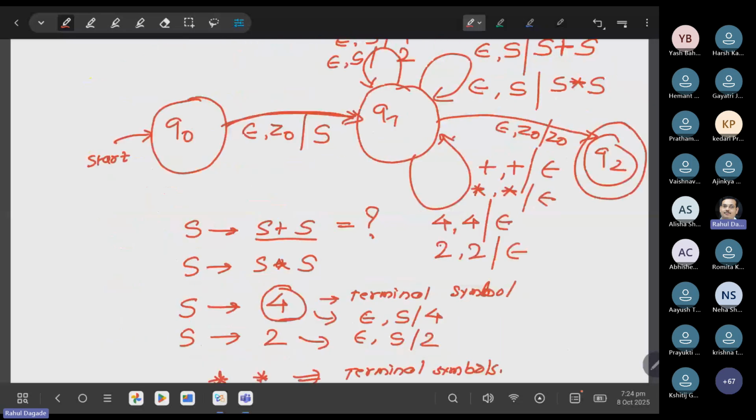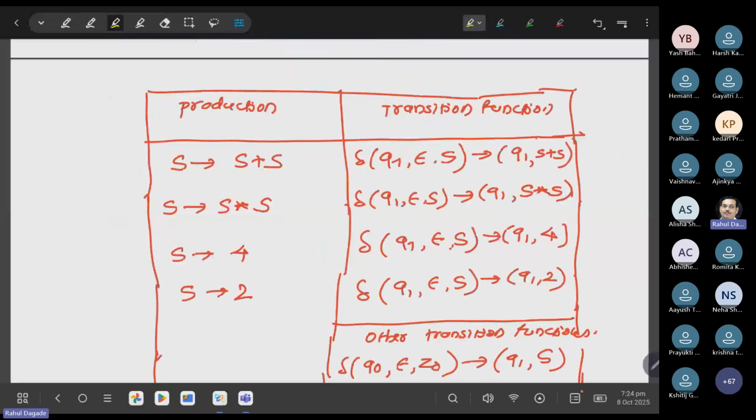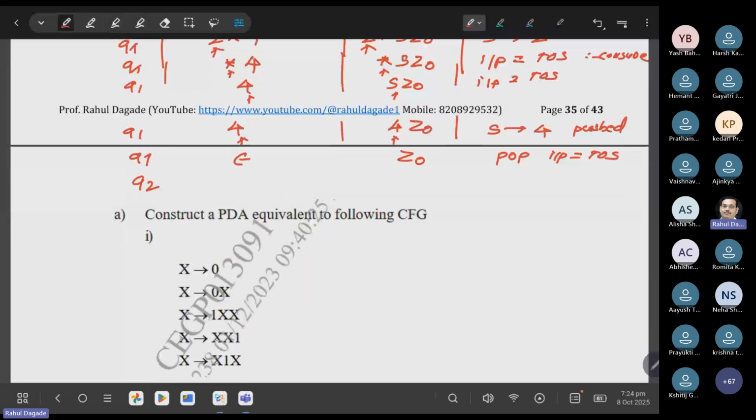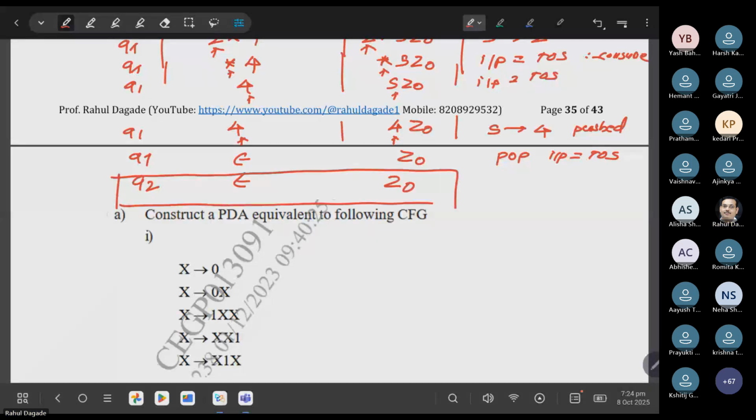So you come to the Q2 state on null input and Z0 on the stack, and the stack operation is keep the stack. And this is acceptance of the language.